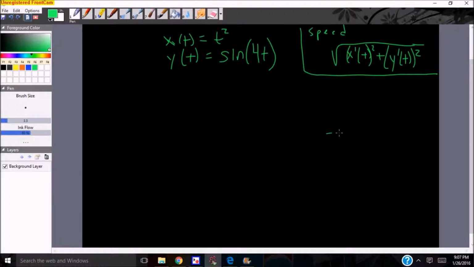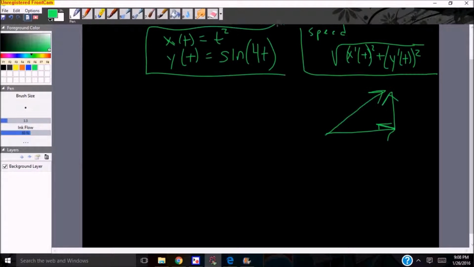You've been thinking about how fast something is moving in the x direction, how fast it is moving in the y direction, and then finding the resultant vector. Really, that's what this is asking us. We know how fast it's moving in one direction, we know how fast it's moving in another direction. Can we basically turn this into a right triangle and do a Pythagorean theorem type situation?